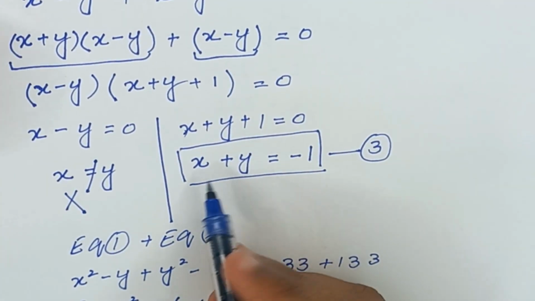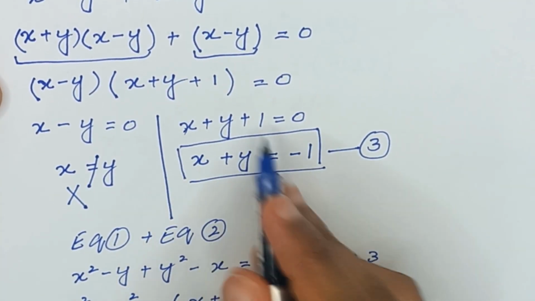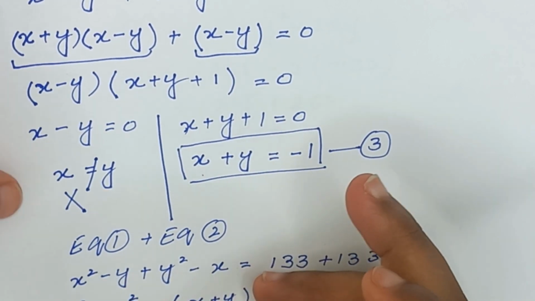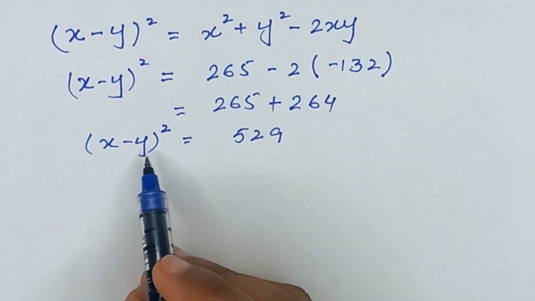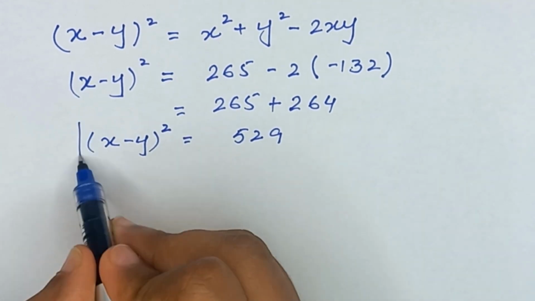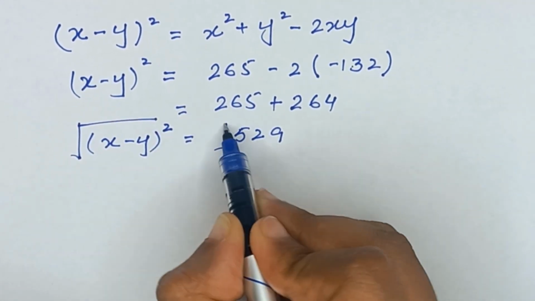Here I have a value of x + y. When I find the value of x − y, then I will solve these two equations simultaneously. So that's why I will find the value of x − y from here. I will remove this square by taking the square root on both sides.